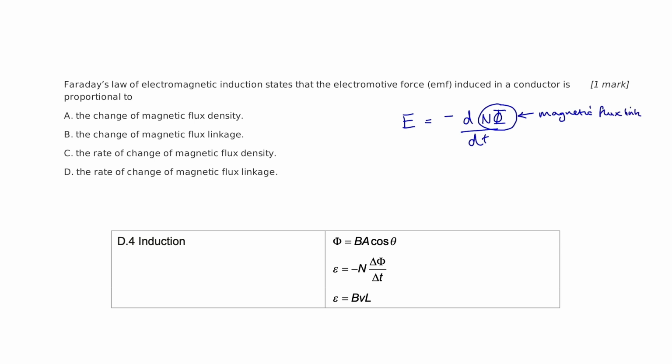Linkage takes into account the number of coils N. And this section here is the rate of change, how quickly it changes with time. So our answer is the rate of change of magnetic flux linkage. Magnetic flux linkage is when you take a number of coils into account and that N factor is there.